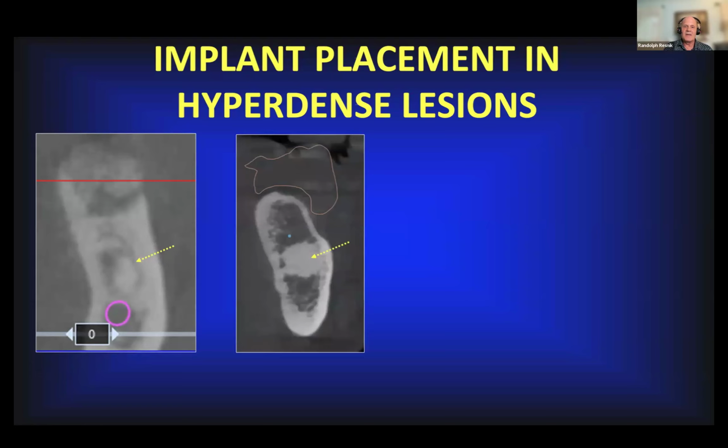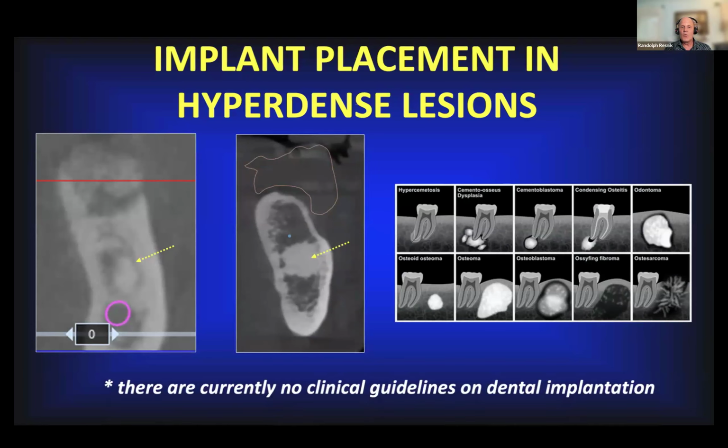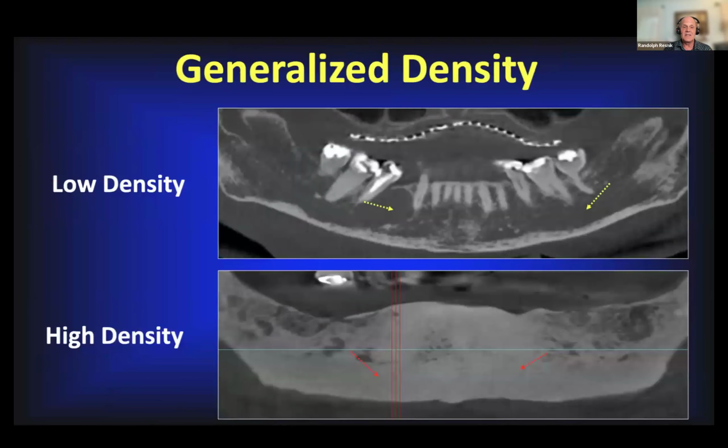So when we look at hyperdense lesions, these are osteosclerotic areas that are basically in the bone, in the areas where we're going to be placing implants. There's a whole slew of possibilities of differential diagnosis. If we look at what the literature states on hyperdense lesions, there are no clinical guidelines or accepted protocols on any of these lesions.